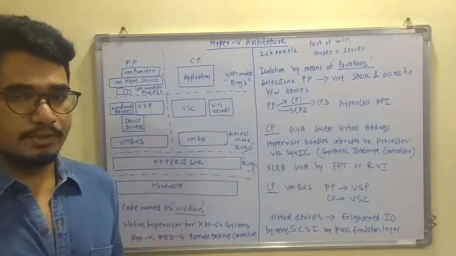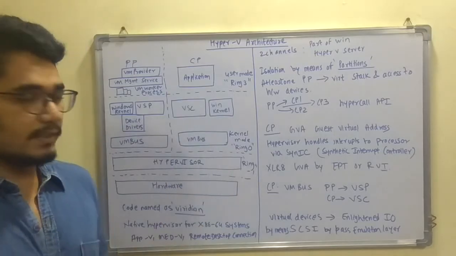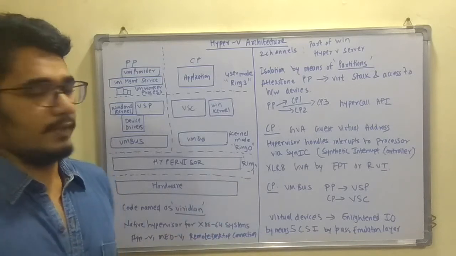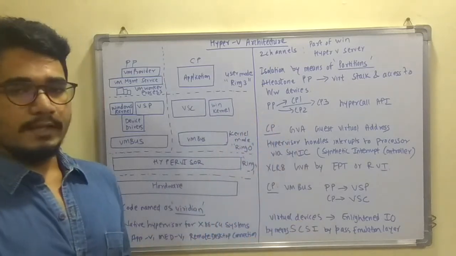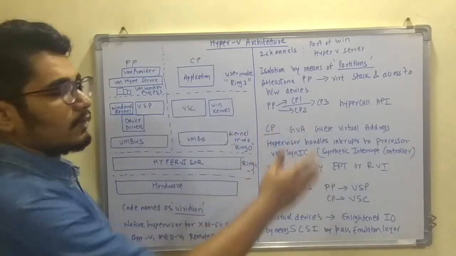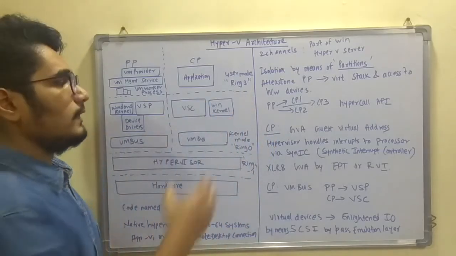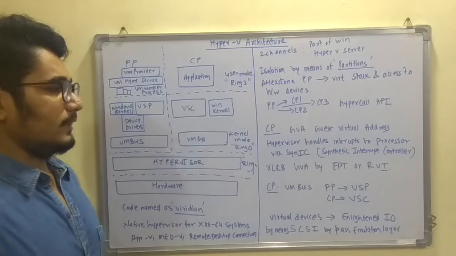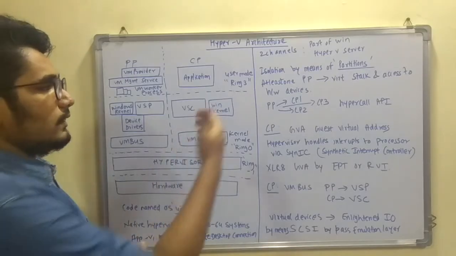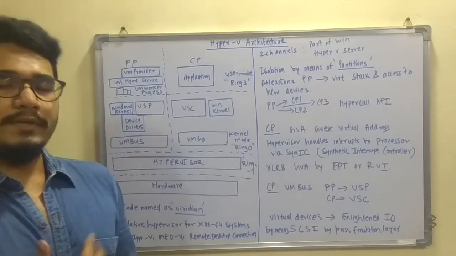It can create many child partitions, and they are created by the parent partition with the help of the hypercall API. The hypercall API is exposed for the virtualization hypervisor; it is the hypercall application programming interface. By means of this hypercall API, the parent partition creates the child partition.